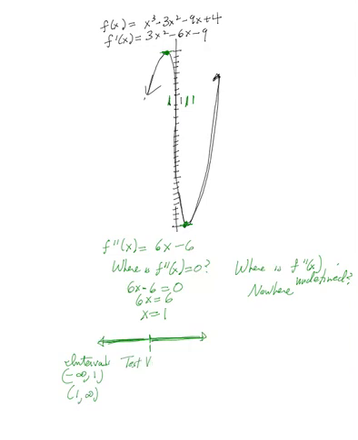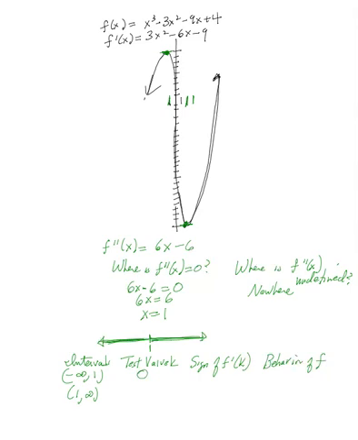I pick a test value k in the interval. I look for the sign of the second derivative evaluated at k, and I use that to determine the behavior of my function on the interval. So pick a number less than 1. How about 0?